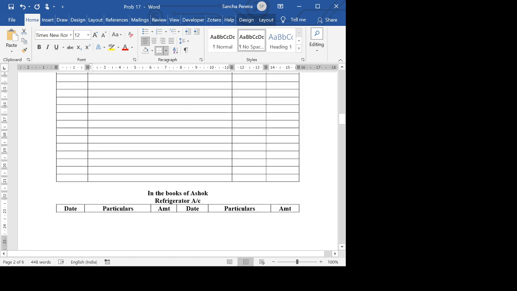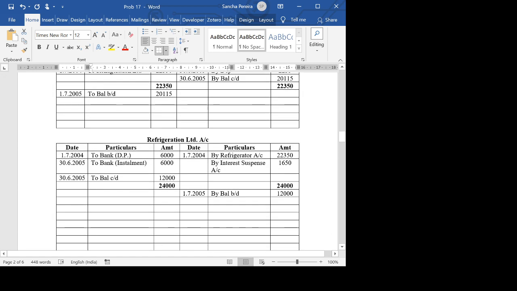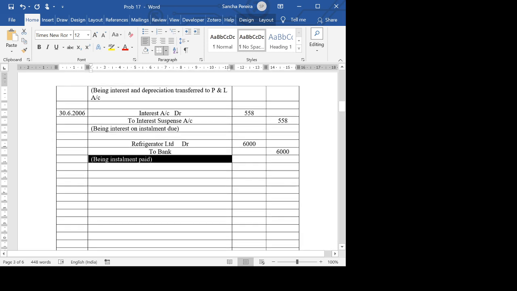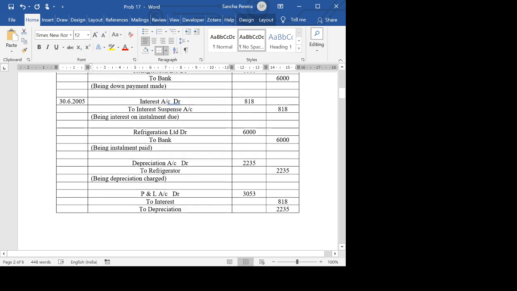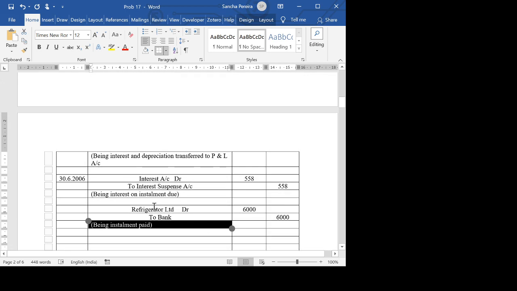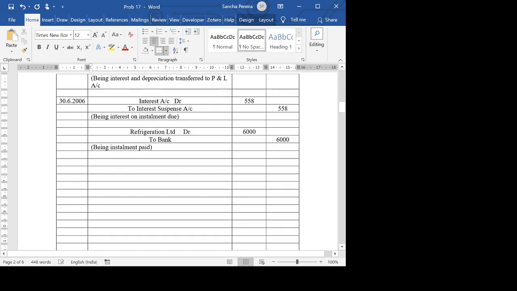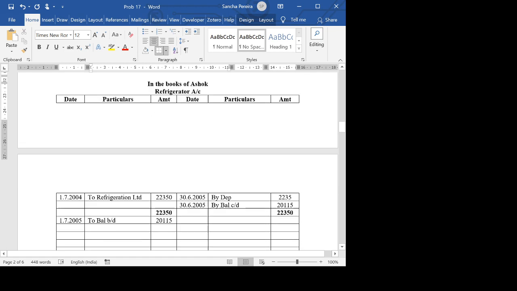Being installment paid. So Refrigeration Limited account. Sorry, it's not refrigerator. Refrigeration. Refrigerator is the asset. Refrigeration. Okay, sorry about that. Refrigeration Limited account debit to bank.